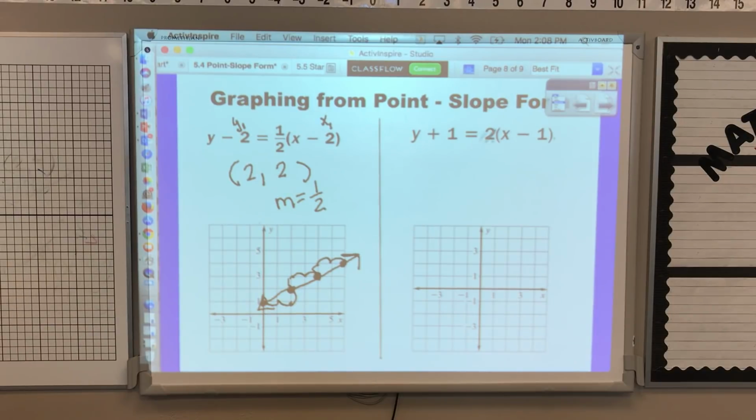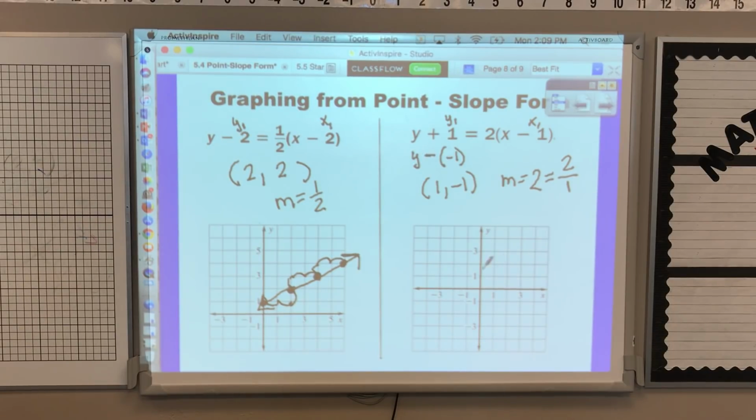Okay? So the next one, this time notice my equation has a plus sign, so I'm going to rewrite it. You don't have to do this if you can remember, but it might help some of you. So y minus a negative 1. So here's my y1 value, here's my x1 value. Okay? So my ordered pair is 1, negative 1, and my slope is 2. But remember to graph, your slope has to be a fraction, so we really have a slope of 2 over 1. Okay?